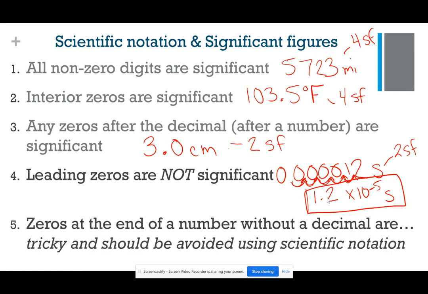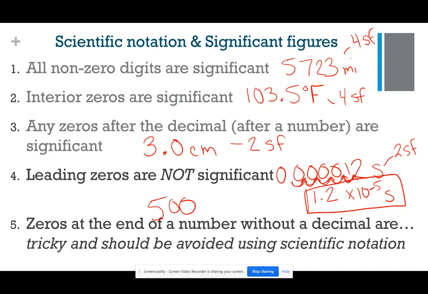And the last one is zeros at the end of a number without a decimal are tricky. And I will stay away from these, but a number would be something like this, 500. Did I put those 2 zeros there because they belong there? Did I put those 2 zeros there as placeholders? You don't know. You have to know a little bit more about the instrument.